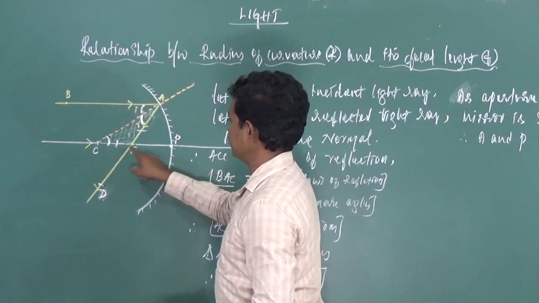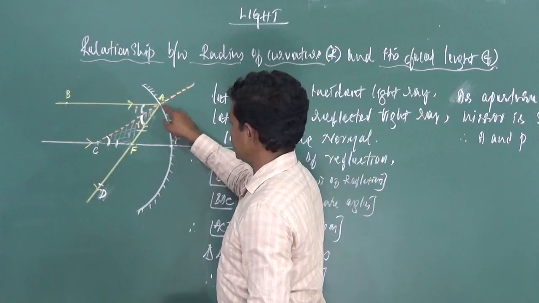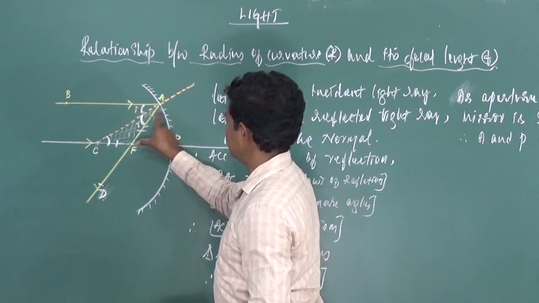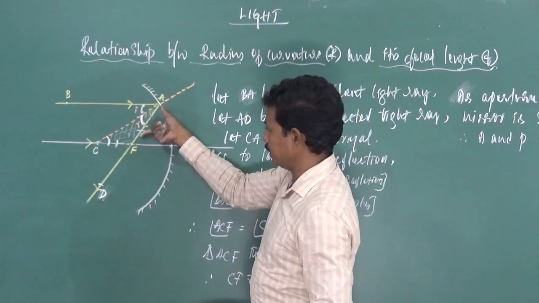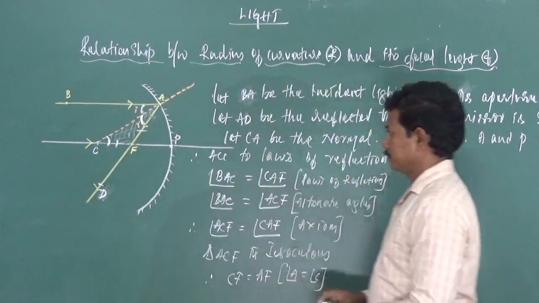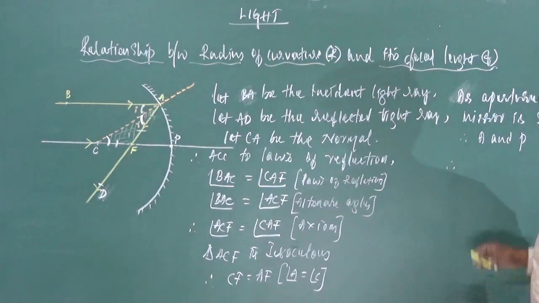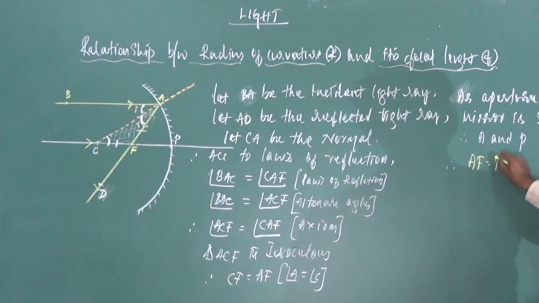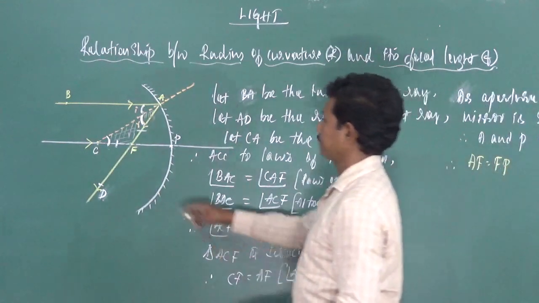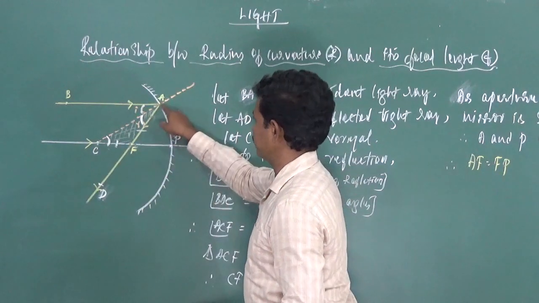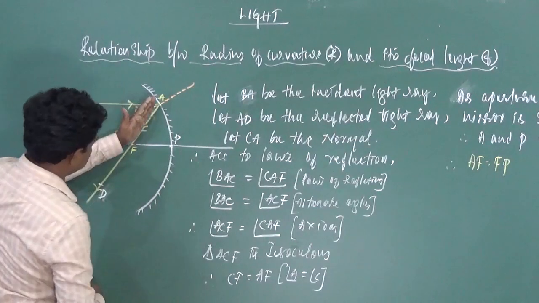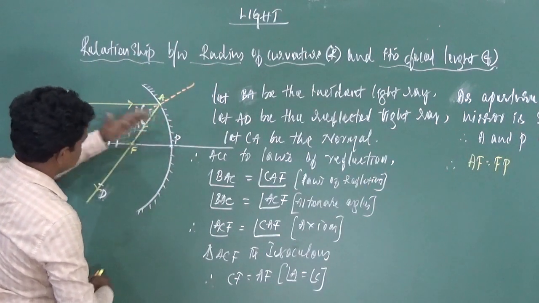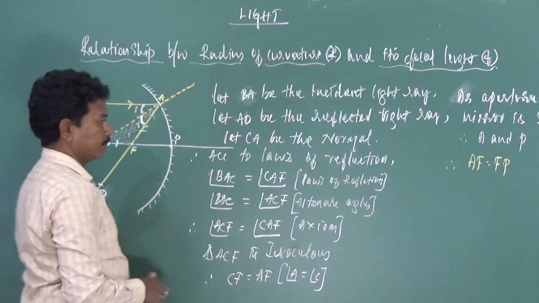So this side is equal to this side. As point A coincides with P, this AF becomes equal to FP. Very important: AF equals FP. This is FP, this is AF. As A coincides with P, this entire AF coincides with this, so AF becomes equal to FP.